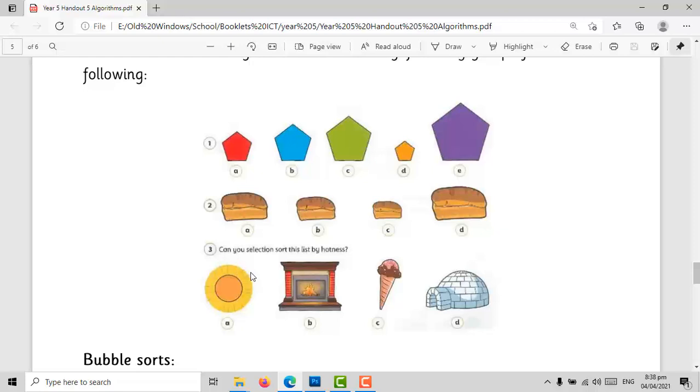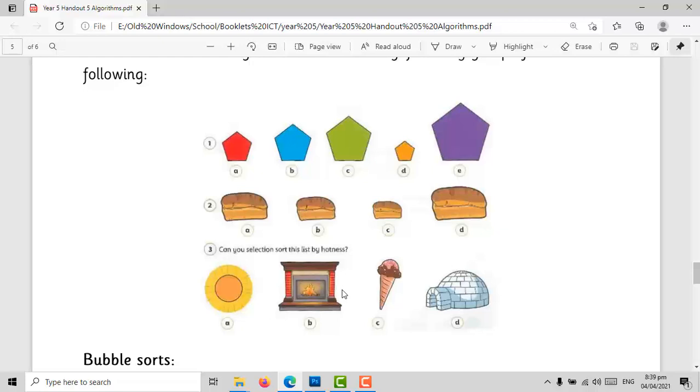But there's something different about the third list. There is no big or small, there is no size. It says, can you selection sort this list by hotness, meaning that you have to find the hottest item and then move on to the coolest item, or the coldest item. So shall I do this, or shall I leave you to do it by yourselves?